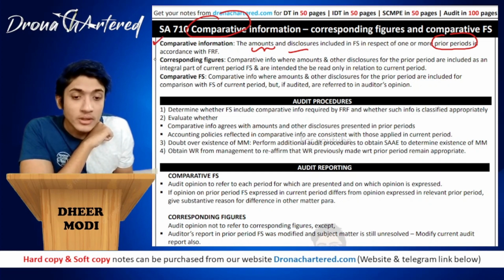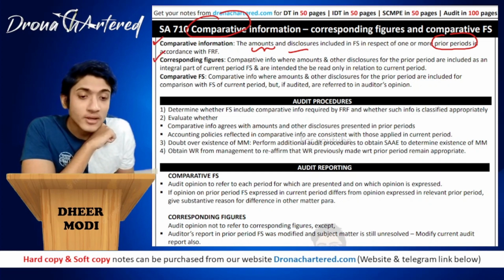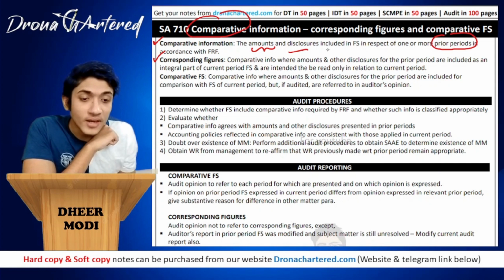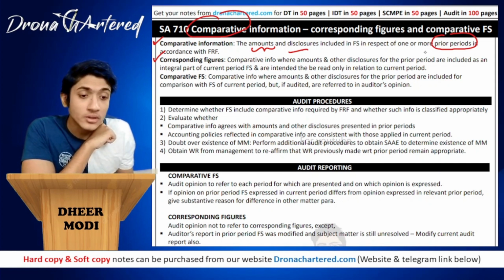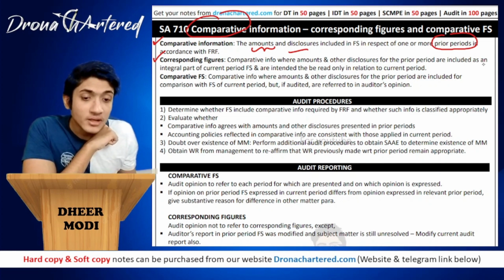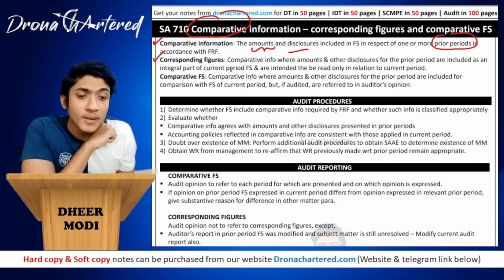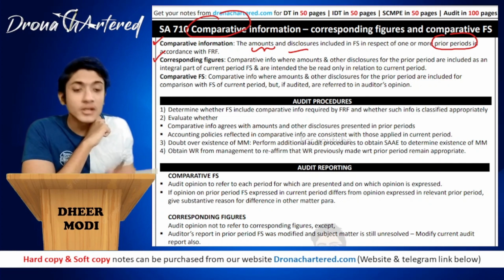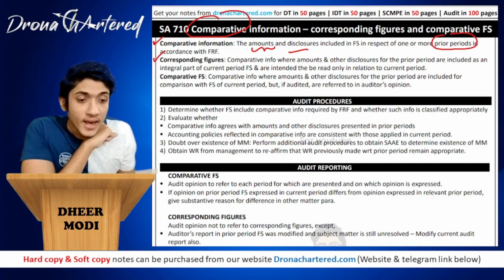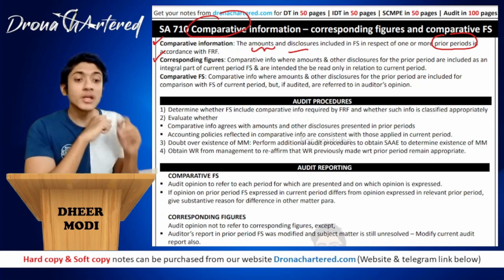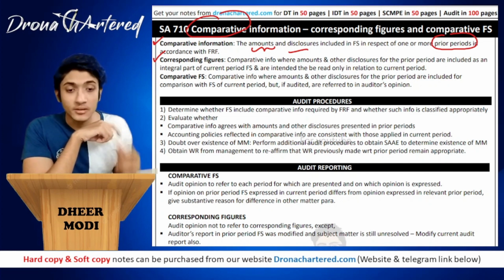Okay, now what are corresponding figures? Corresponding figures are comparative information where amounts and other disclosures for the prior period are included as an integral part of the current period financial statements and are intended to be read only in relation to the current period.